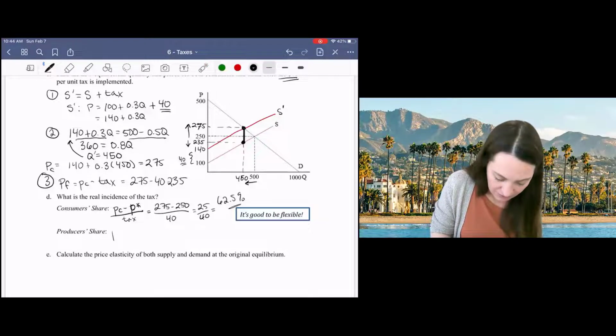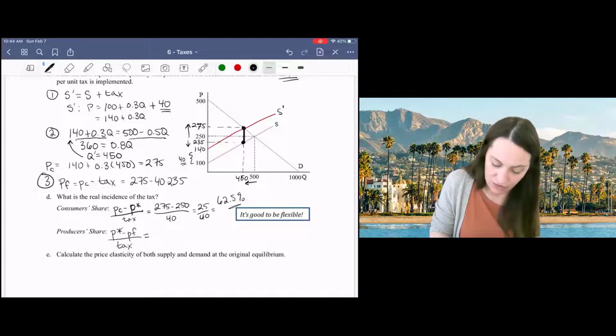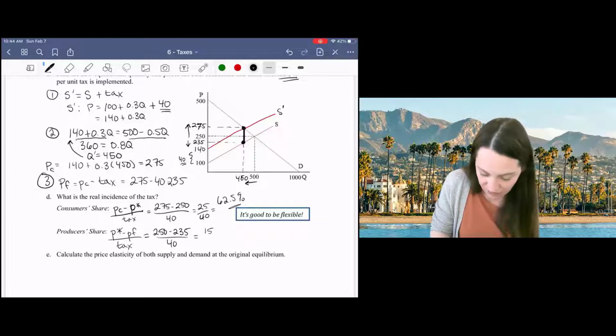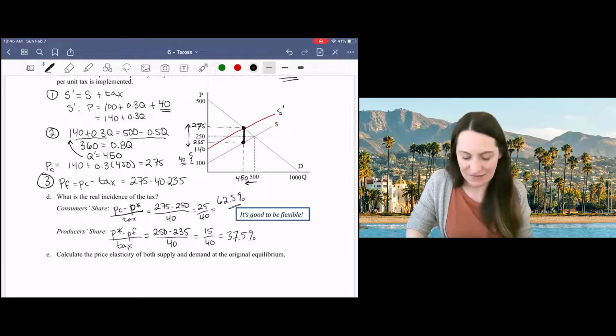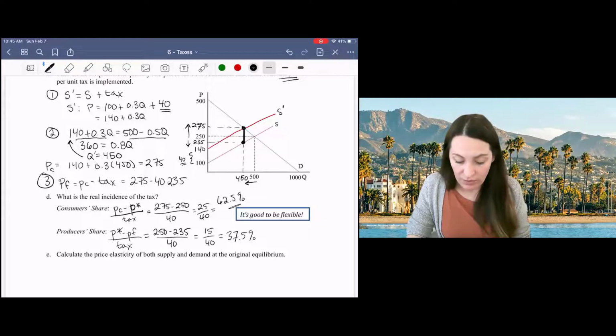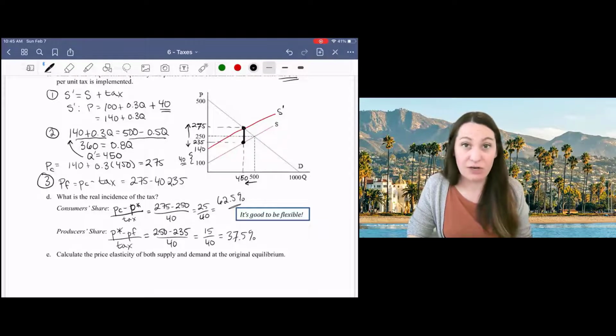So here we can, again, look at the difference between the old price and the new price to see the effect of the tax on producers. So producers are losing $15 on every sale because of the tax, which means they're paying about 38% of the tax, right? So in this case, consumers are paying a larger share of the tax than producers.